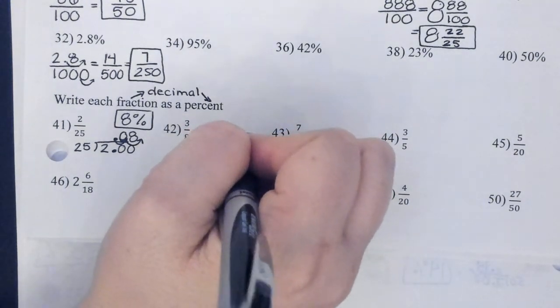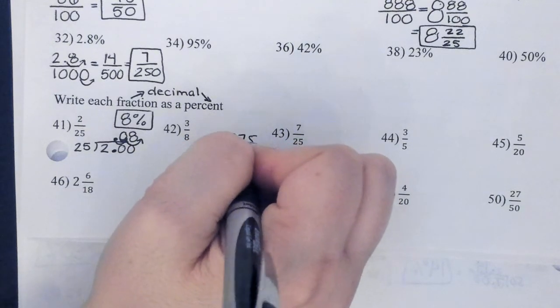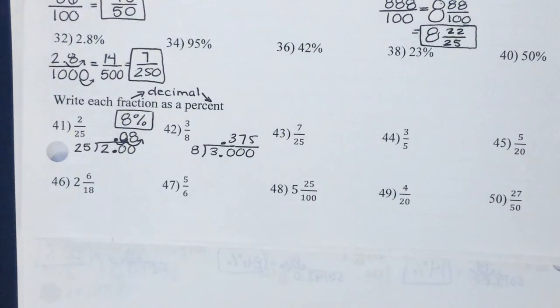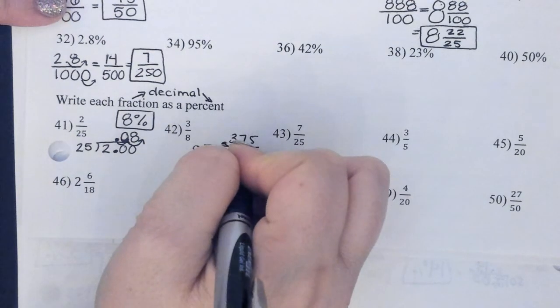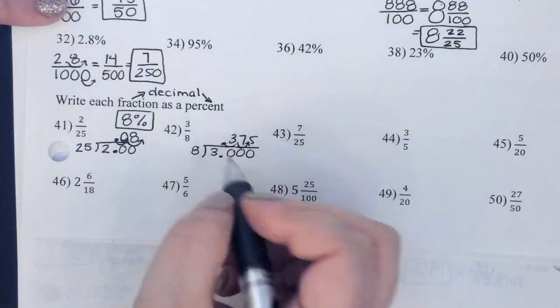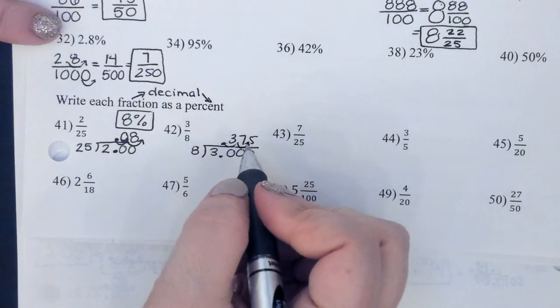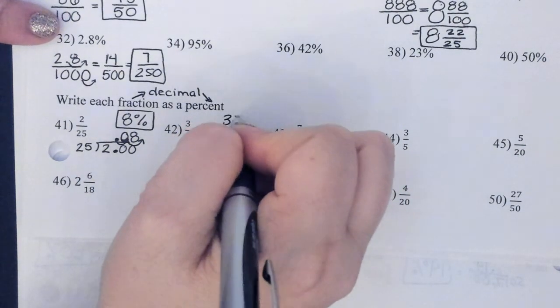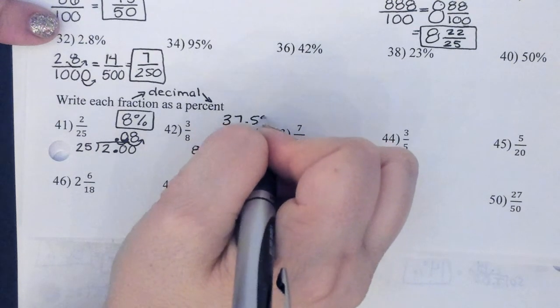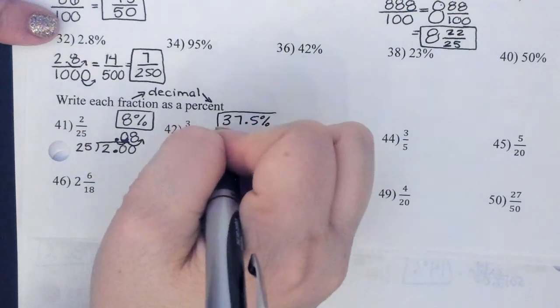So 375, and I'm going to add 3 zeros underneath. All right, to make it a percent, what will I do now? Braden? Move it twice. So I'm going to count over 1, 2. Remember, if we're going to a percent, we're moving it up. So that gives me 37.5%.